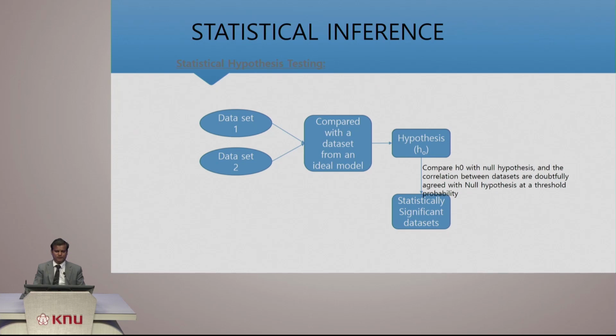And you have a hypothesis, an assumption: you're going to compare with H0, the null hypothesis, and the correlation between the data sets is doubtfully agreed with the null hypothesis at the threshold probability, and a statistical significance test has been applied. We are not talking about the entire scheme here, but I just want to give you a brief introduction of what statistical hypothesis testing means.